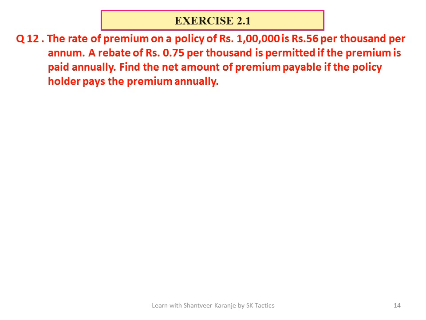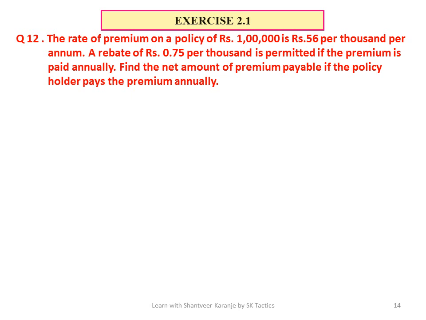So the next question of this exercise 2.1 is the 12th question. The rate of premium on a policy of rupees 1 lakh is rupees 56 per thousand per annum. Now in this concept, it is given as 56 rupees per thousand, and we calculate all things in percent, not in per thousand.